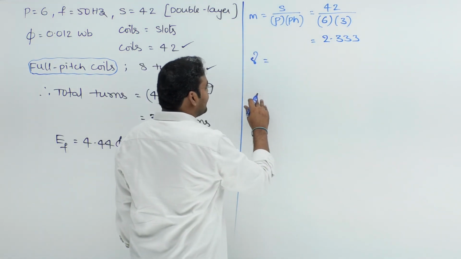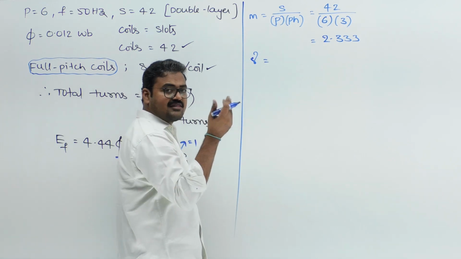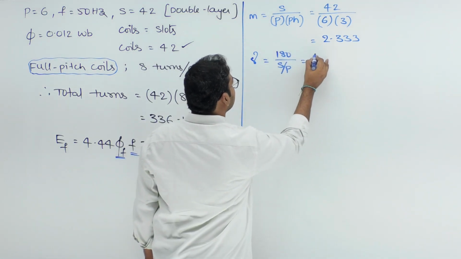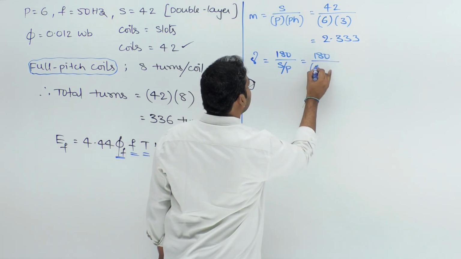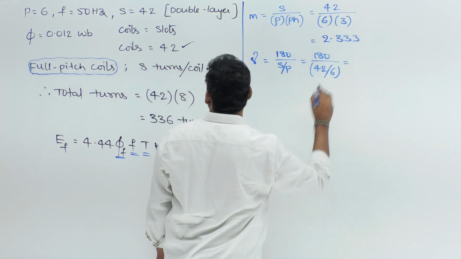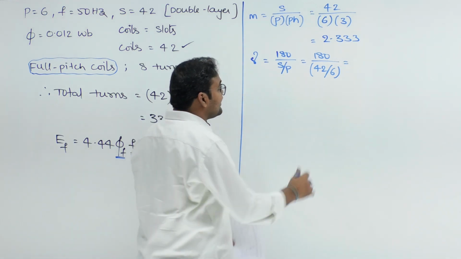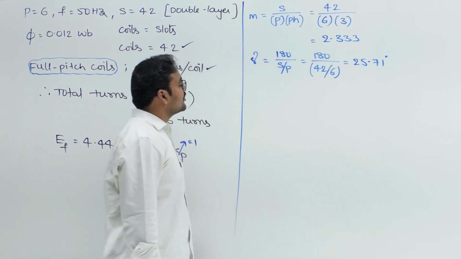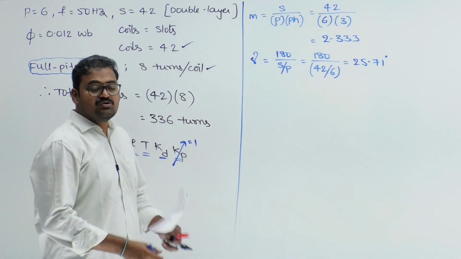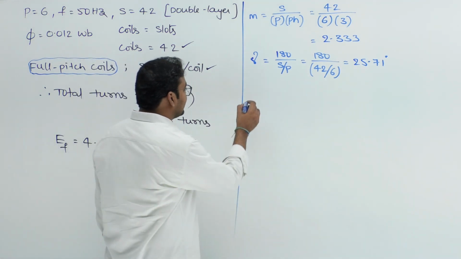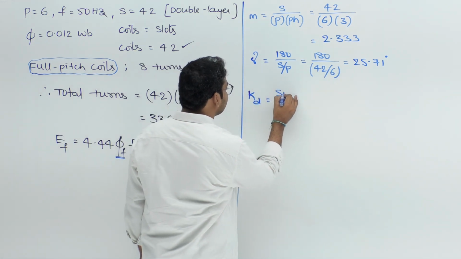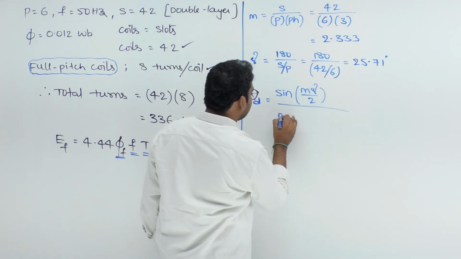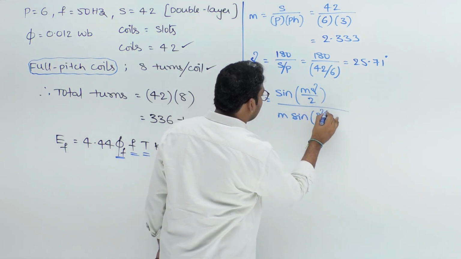You can use two formulas: one is the phase spread formula, the other one is the direct formula for gamma, 180 by slots per pole. 180 by 42 slots and 6 poles, gamma will be 25.71 degrees. When you know M and gamma, you can calculate the distribution factor. The formula for distribution factor is sin M gamma by 2 divided by M sin gamma by 2.